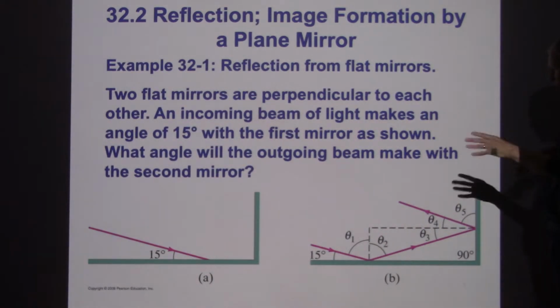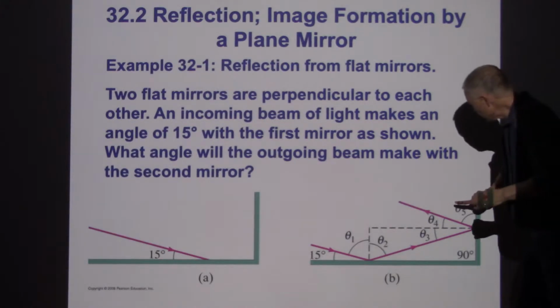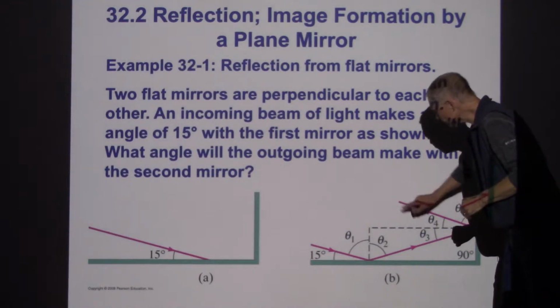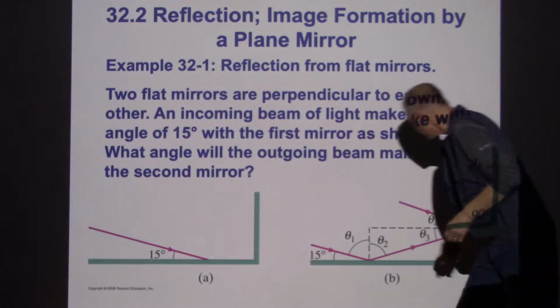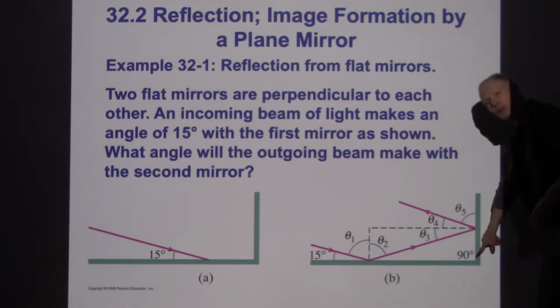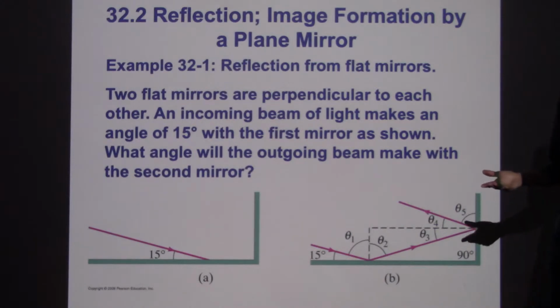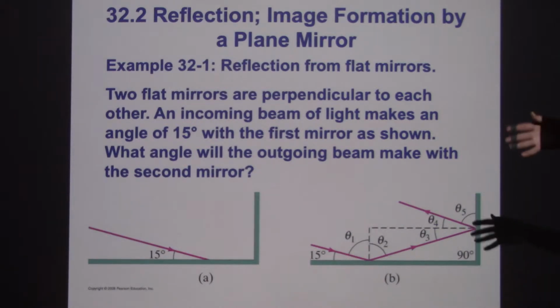Now if we follow the geometry here, what we find is that the path exiting is parallel to the path coming in. That happened because of the 90-degree angle here. So in general, you don't necessarily always get the exiting path parallel to the original path.